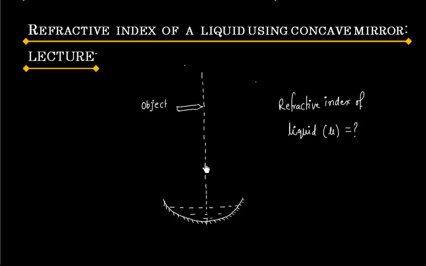So we have to search a point on this axis for which object and image both lie at the same point on the axis. So this is the image and this is the object. So we have to search a point on the axis for which object and image coincide.